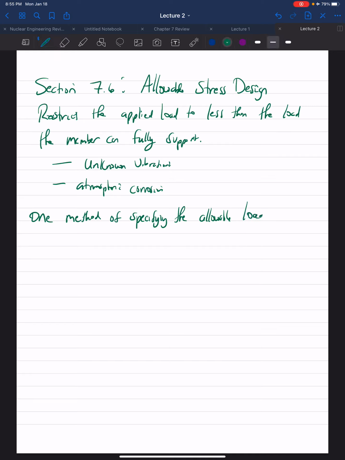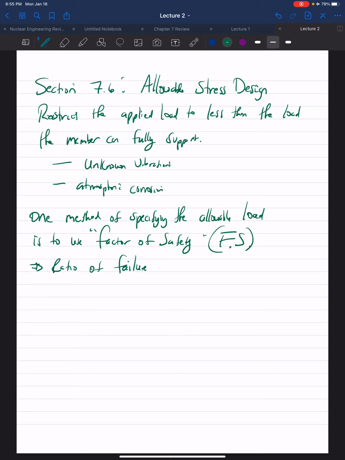is to use a number called the factor of safety, which is a ratio of the failure load to the allowable load.